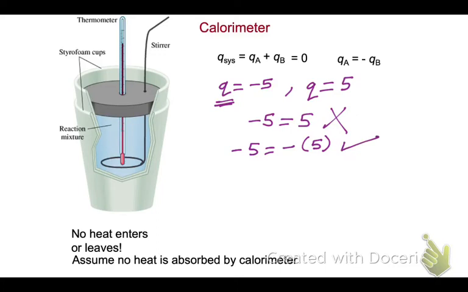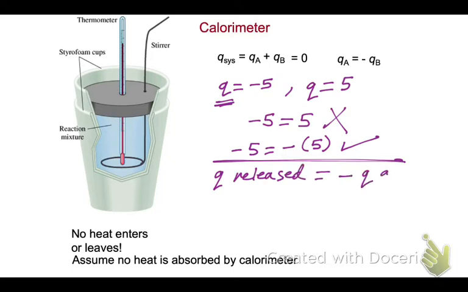So therefore, when I'm going to write an equation, I always start by saying Q released equals negative Q absorbed. So why is this? Because Q released equals -5. Negative, what is a Q absorbed?